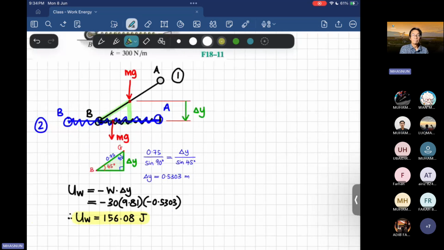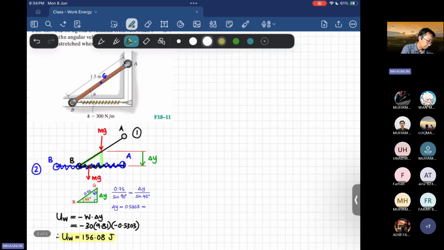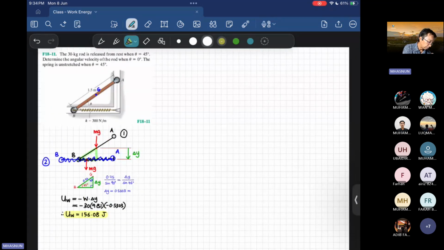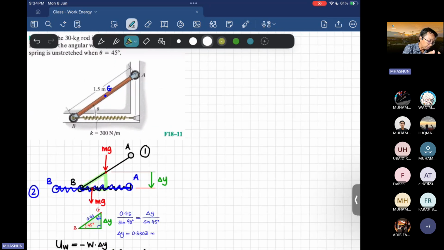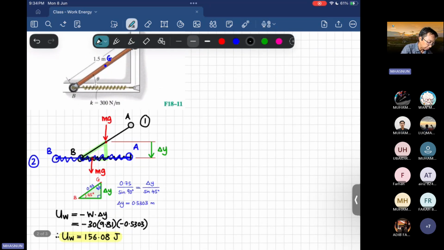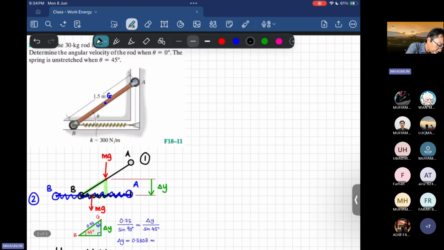Okay, now the second work done, which is the work done by the spring. So we can see here the spring is initially unstretched at angle theta equals 45 degrees. The question says the spring is unstretched. So we know that S1 is equal to 0. So let's write the equation first.